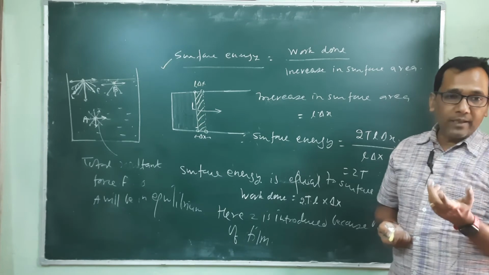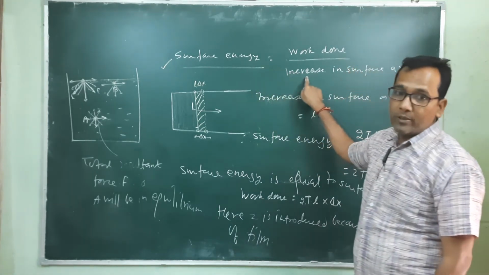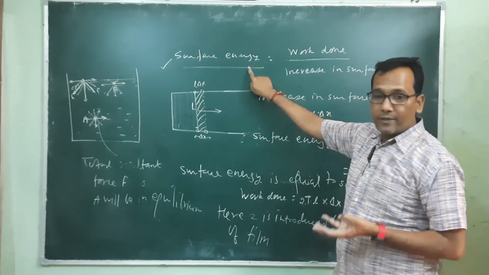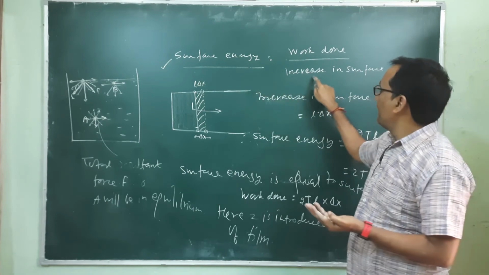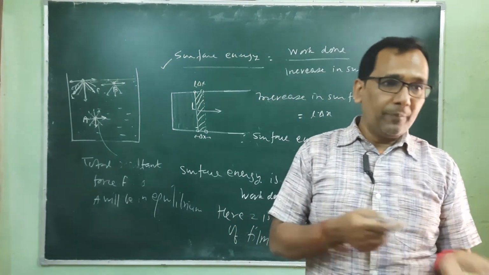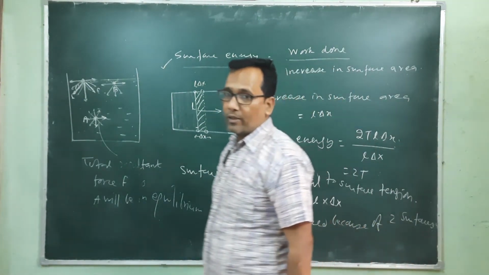So either the surface energy must be minimum, or the area increase must be minimum. This balanced form gives the minimum work done.